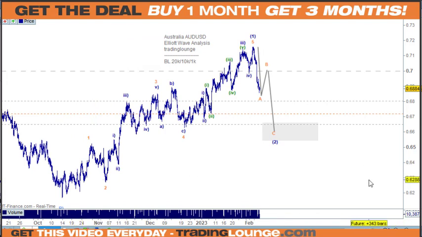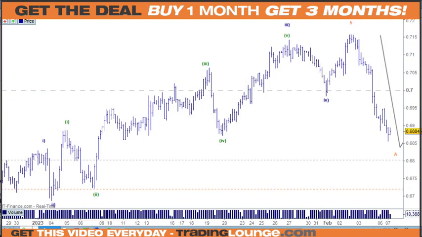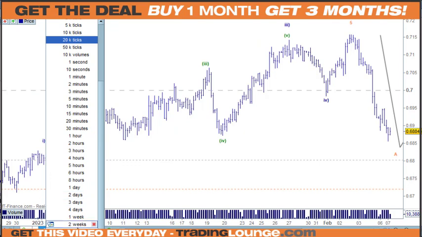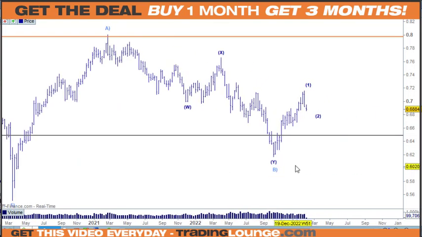Almost too low. When we look at the Australian dollar here, I'll just go to the weekly chart to gain a little bit of perspective. So this is basically what we've been looking for here, looking for that 5 waves up, and this is the same for the euro, the cable, and so on, and the opposite for the US dollar.